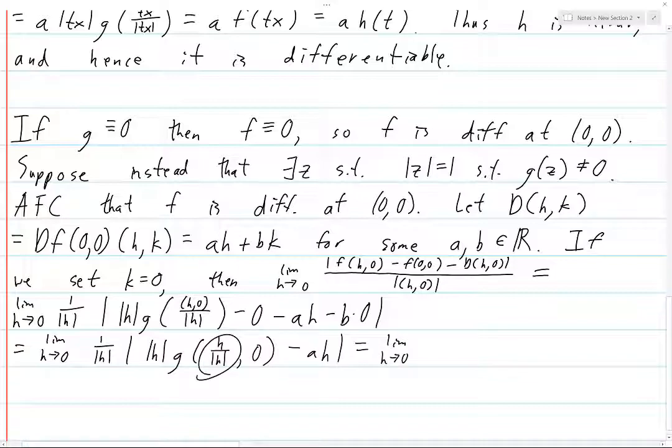Now here we've got this h over the norm of h again, and we can do the same thing that we did before. Actually, no, let's rewrite this. Let's write this as (h,0) over the norm of (h,0), because the norm of h and the norm of (h,0) are the same thing.